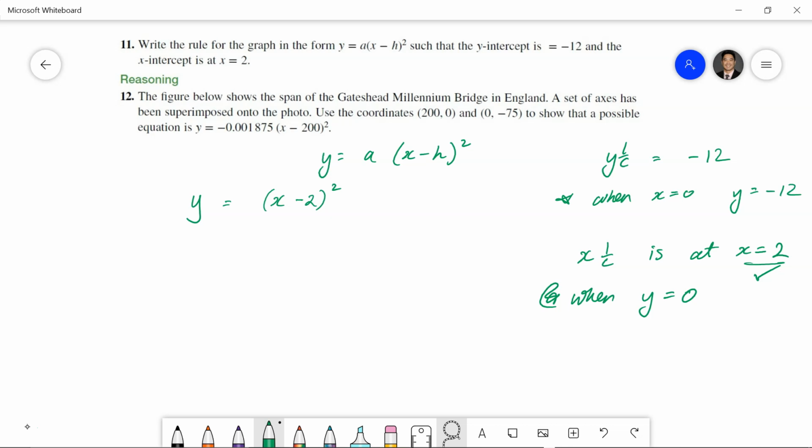Okay, but the problem here is we want a y-intercept of minus 12. So how do we get to here when we substitute x for 0 to get minus 12 on the side?